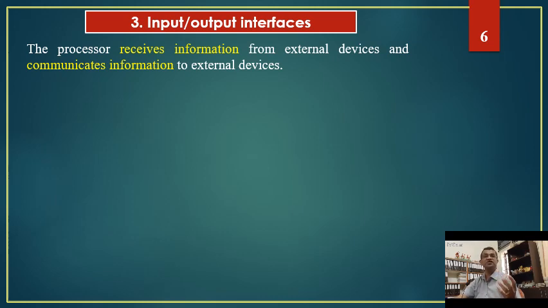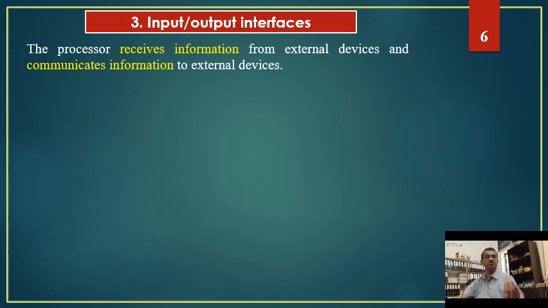And these peripheral devices obviously need to be connected to the central processing unit. So that is why the so-called interface is needed. And that interface is needed in order to supply input to the CPU or to take away the processed data or output from the CPU to the other devices.